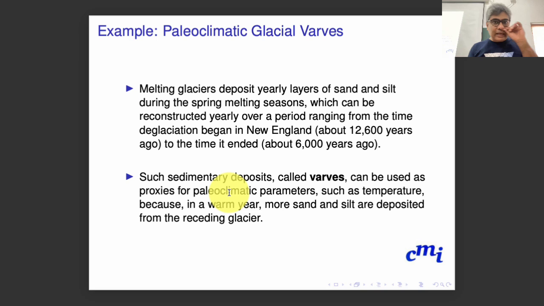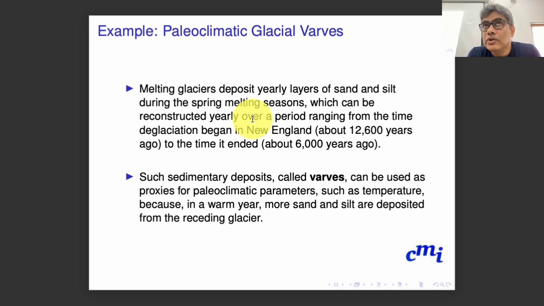So here is one more example, paleoclimatic glacial varves. Melting glaciers deposit yearly layers of sand and silt during the spring melting season, which can be reconstructed yearly over a period ranging from when deglaciation began in New England about 12,000 years back, and ended about 6,000 years ago.